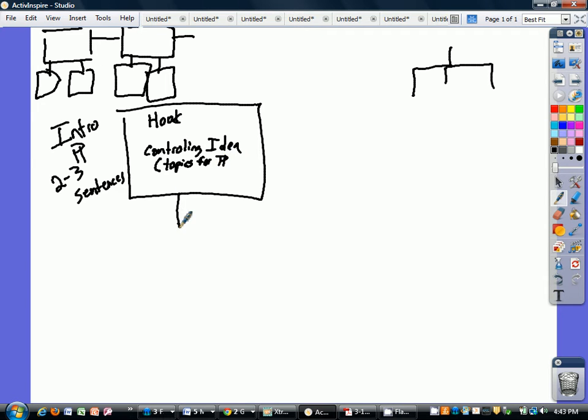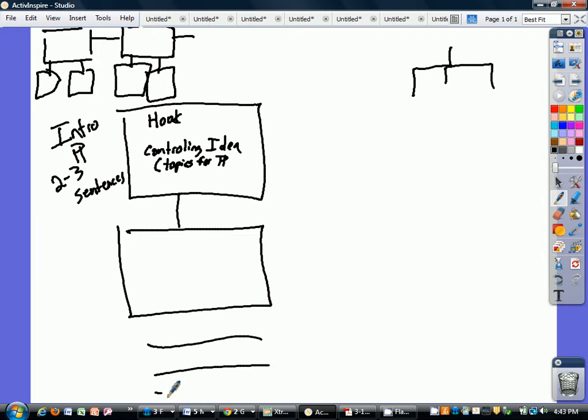Well, you come down from there and you're flowing into your first body paragraph. And your flow should come down like this, and then your supports come down here like in a tree map when you're listing ideas. So your first body paragraph is going to be here. It's going to flow into your second body paragraph.